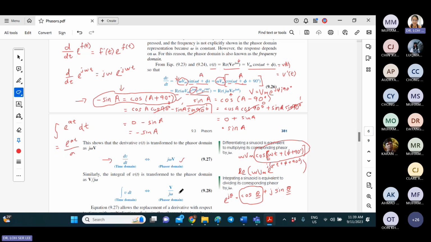These two will be used in the last part, where you need to change this one into this. These are just the explanation of how we get these two.